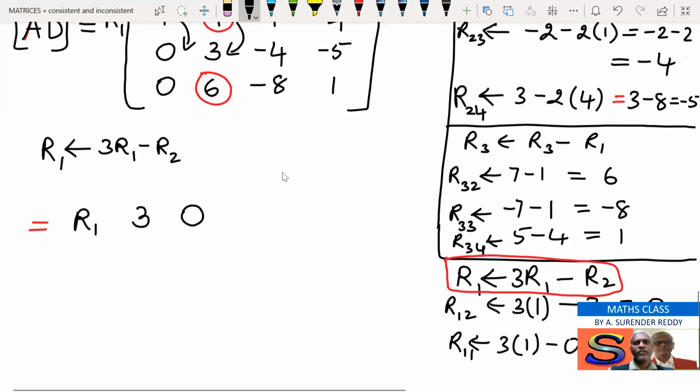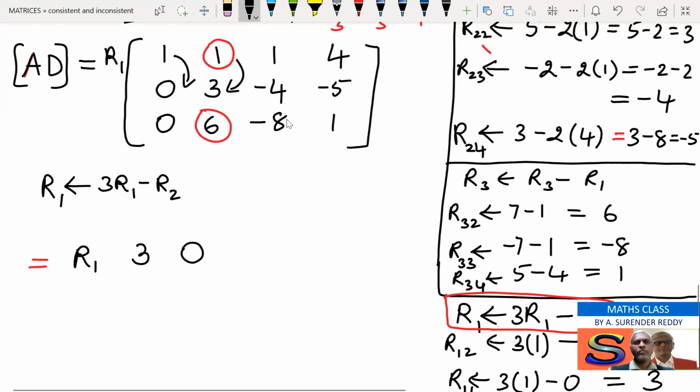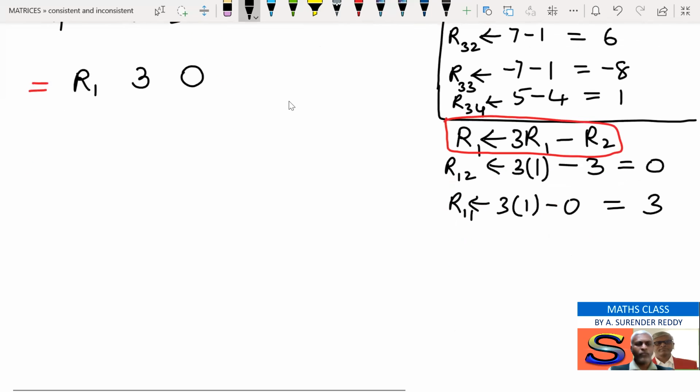Next, 1 minus 4 తీసుకోవాలి. So ఇది R1 లో third element. 1 minus 4.